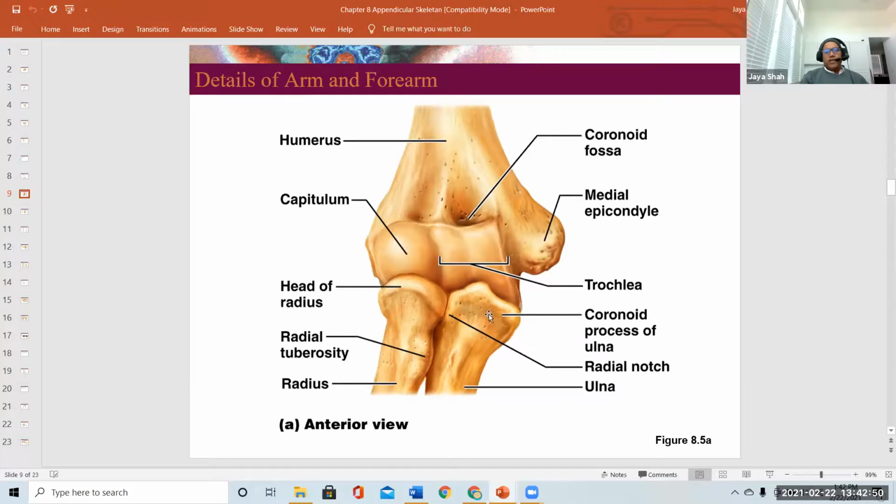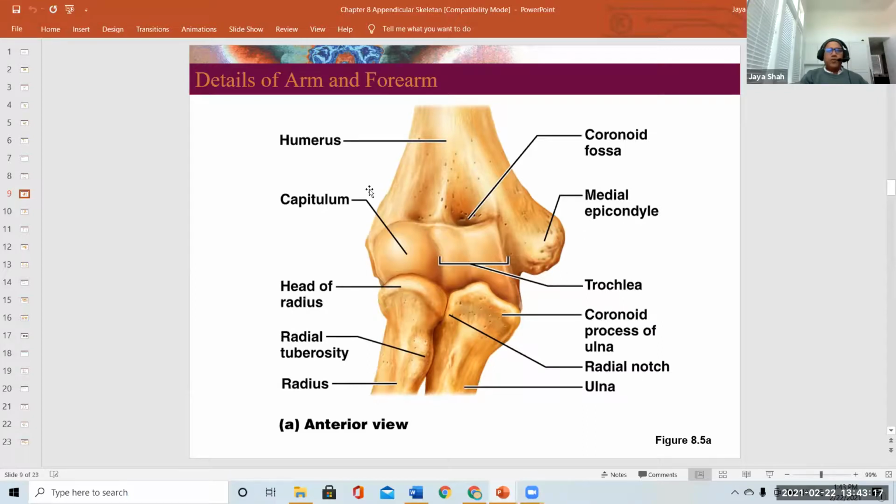So when you flex and extend your elbow, the coronoid process of the ulna comes here and fits into the coronoid fossa. That's why the names are similar. So ulna has a coronoid process, whereas the humerus has a coronoid fossa.